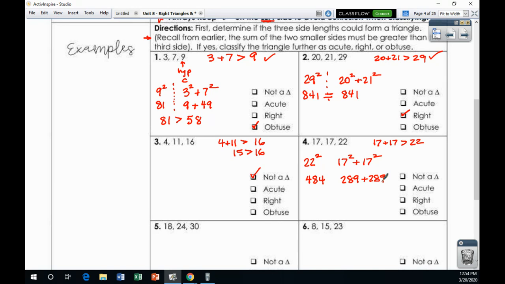You can see what's going to happen here: this is 484, and this is going to be 578. So 484 is less than 578. Remember, if C squared is less than A squared plus B squared, that creates an acute triangle. So that one is acute.